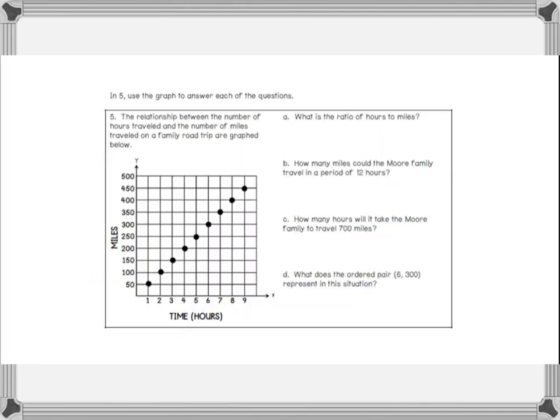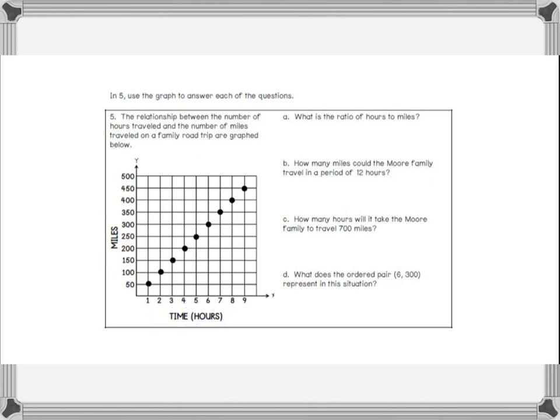Sometimes we can also represent ratios on a graph. And when you do, you can look at your x-axis. You're going to have one value there, and your y-axis is going to be another value. In this case, we're talking about the number of miles that are traveled by a family on a road trip per hour. So you can see our x-axis has the number of hours, and our y-axis has the miles that they traveled.